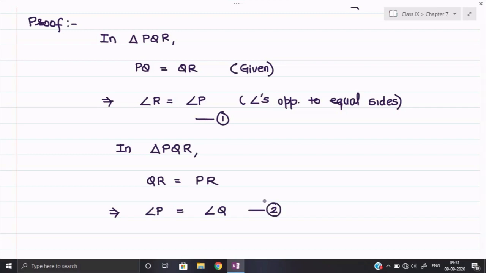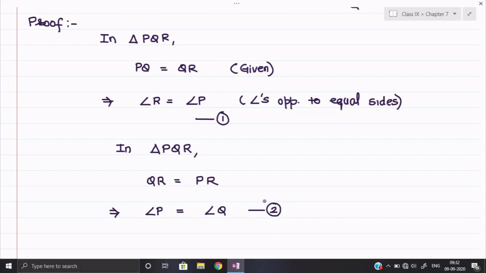Now you see, angle R is equal to angle P, and angle P is equal to angle Q. If I compile both equations, one thing is equal to the second, and the second is equal to the third, so ultimately all three things will be equal.